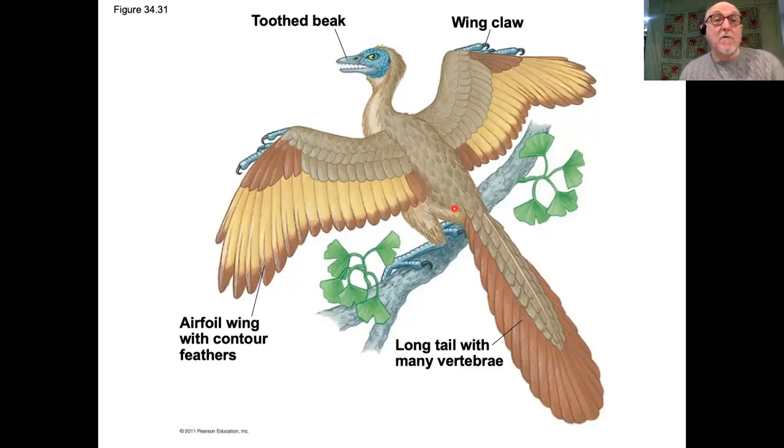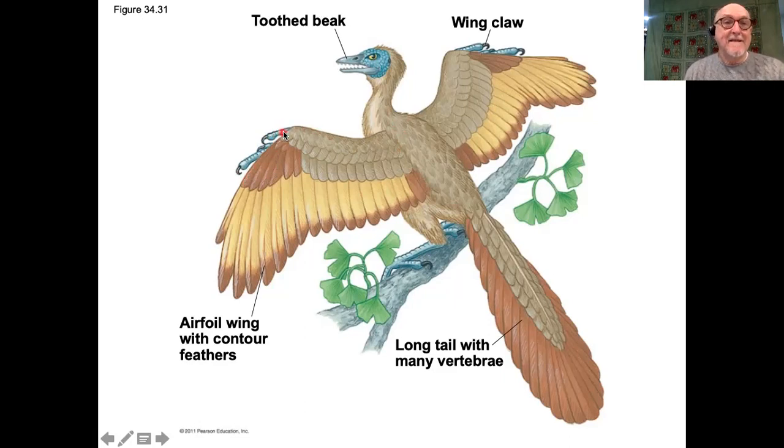Nonetheless, this shows us all sorts of reptilian features, which we can see here. First of all, look at the development of the wing, and you'll see that it's still got digits. In the modern bird, these digits here are entirely internal and incorporated into the structure of the wing.